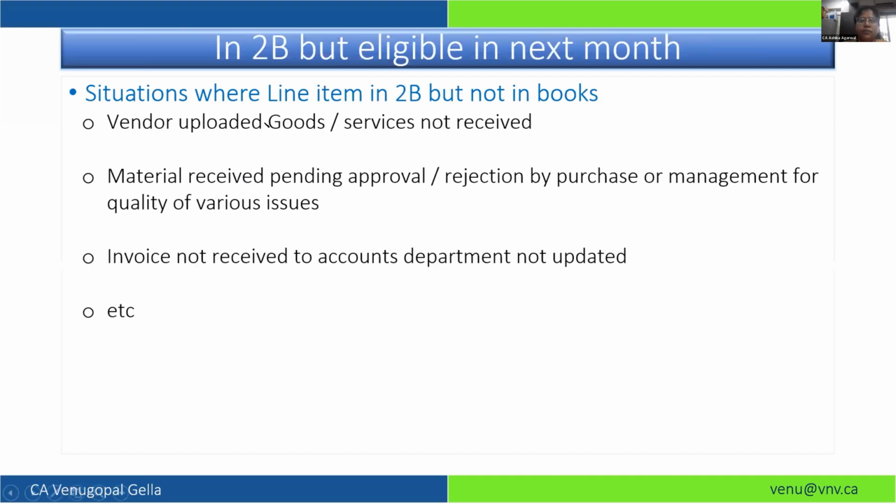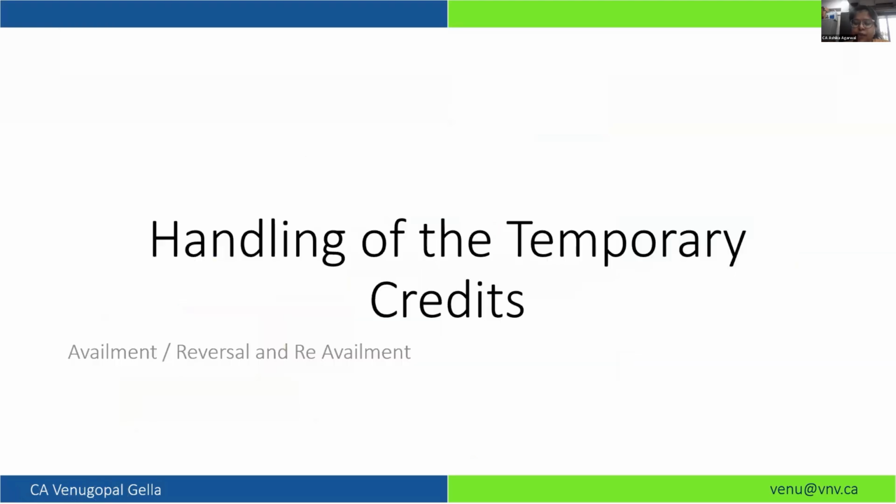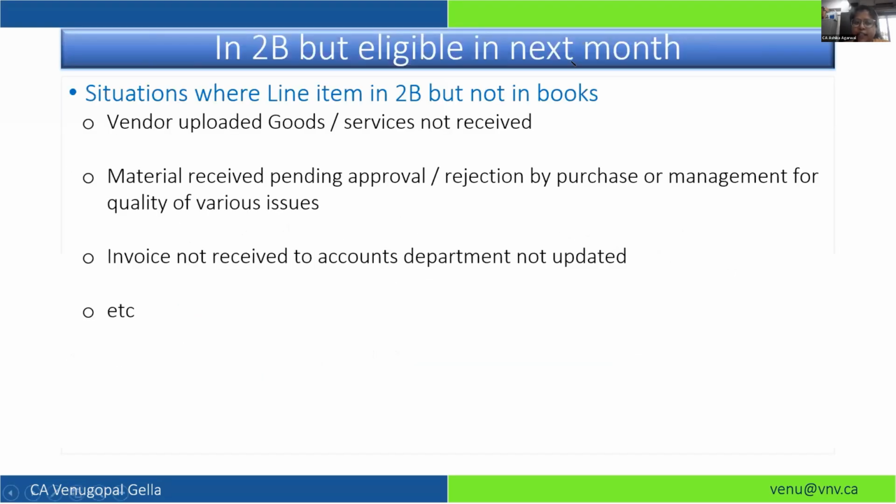Then, like we discussed about the temporary reversal over here, where it is related to this month but you are not availing it, you show it in 4B2. For example, where the vendor uploaded the invoice but goods or services were not received, material received but pending approval or rejection, or invoice not received by the accounts department and not updated.